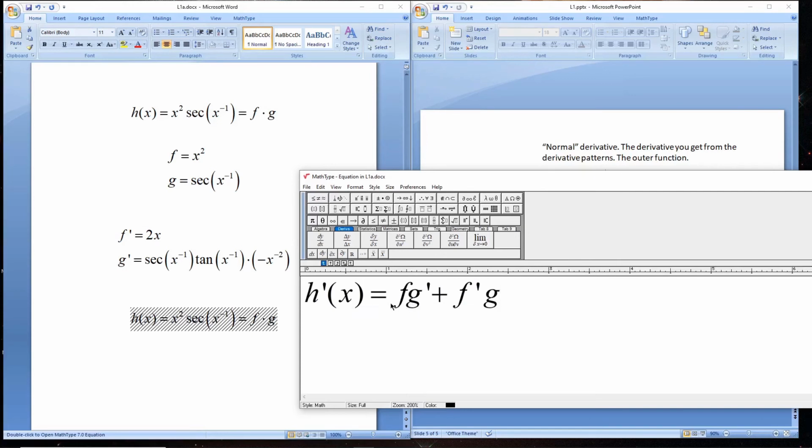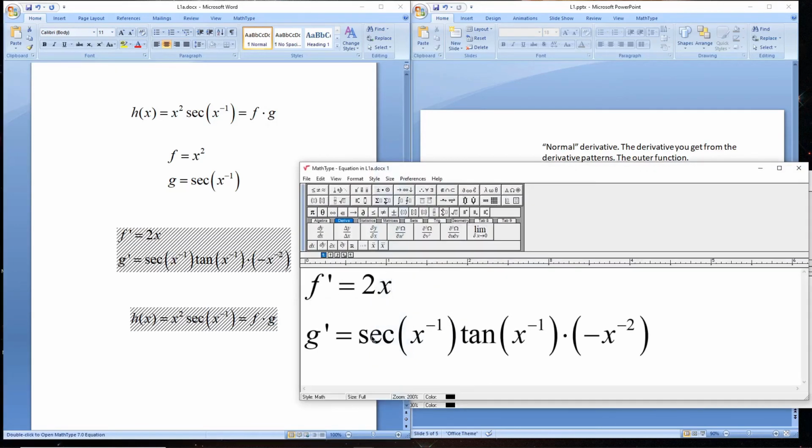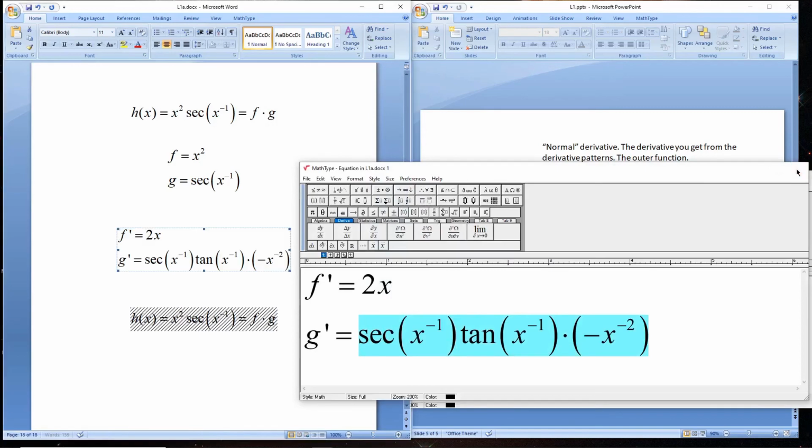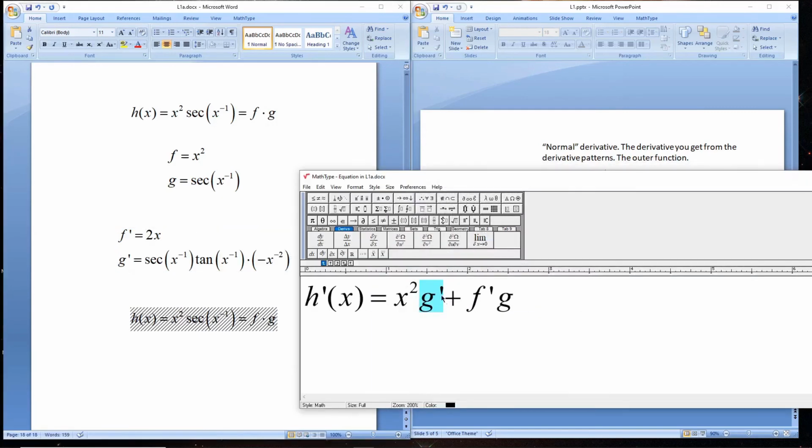So what is f? F is x squared. What is g prime? Well, g prime was all this ugliness from the chain rule. So I'm just going to copy all that. That is g prime. There it is.